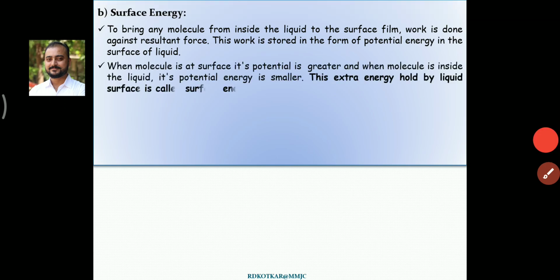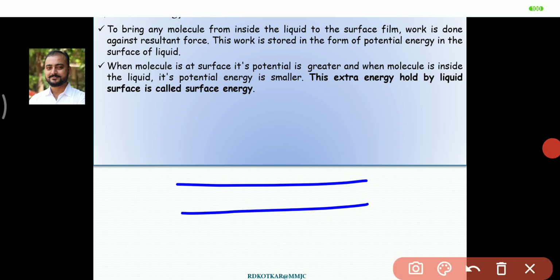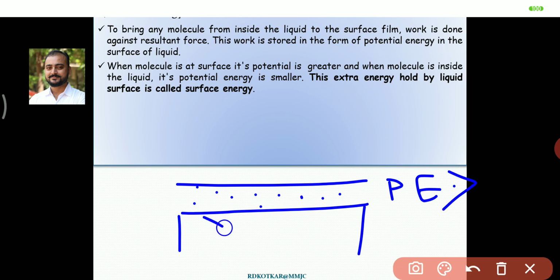Okay, when a molecule is at the surface, its potential energy is greater, and when the molecule is inside the liquid, its potential energy is smaller. The molecules present in the surface film have the greater value of potential energy, but the molecules present below the surface film have the smaller value.